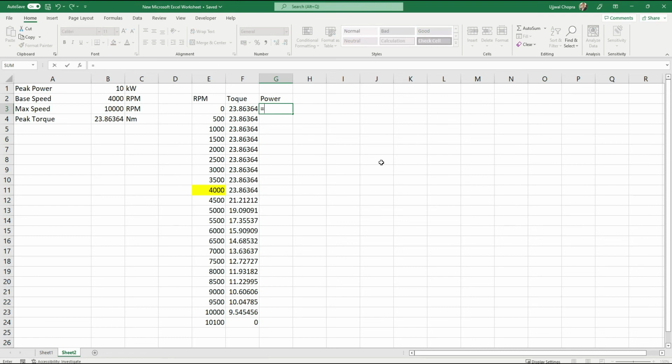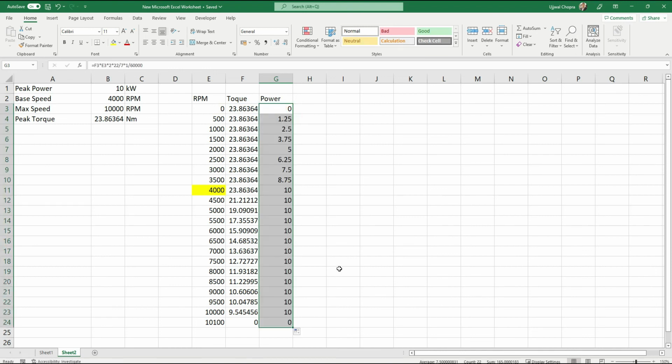Power is torque times rpm times conversion factor 2 pi by 60,000. So we get this curve.